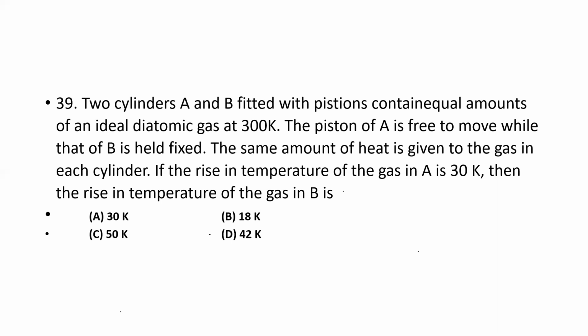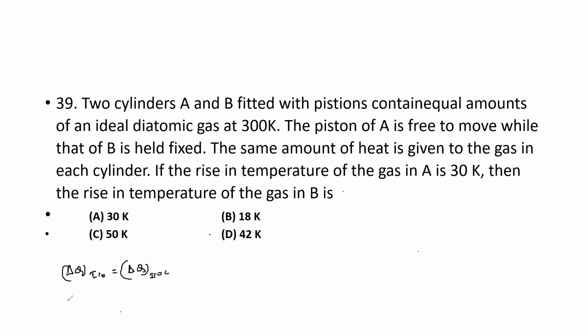So if the same amount of heat delta Q is given to both, then A is isobaric process and B is isochoric process. So here we can write delta Q of isobaric is equal to delta Q of isochoric process.